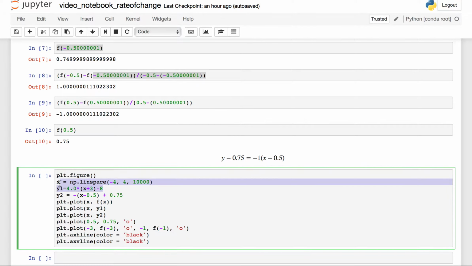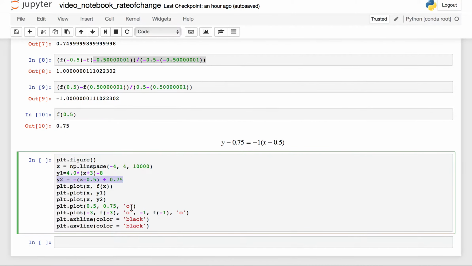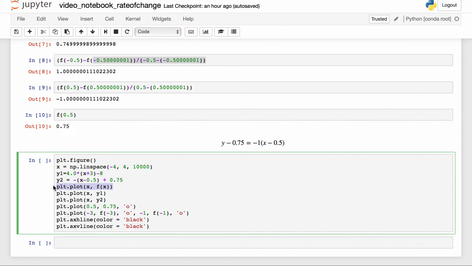So the secant should cut through the graph, and the tangent should just touch a point and be tangent to the graph. Finally, I plot the function, plot that secant line, plot the tangent line. I'm also going to plot some points: a point where I'm drawing the tangent line, and the 2 points where the secant line will go through.